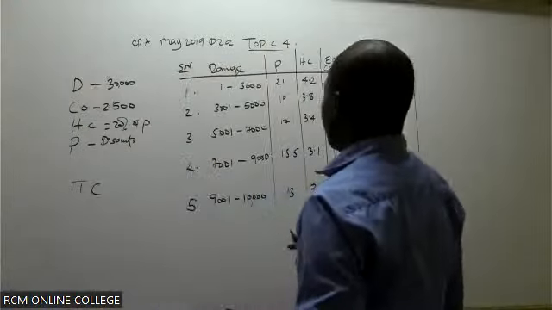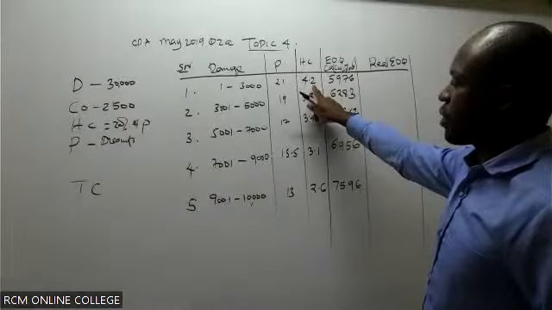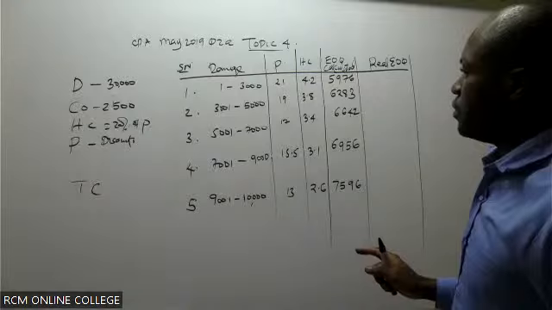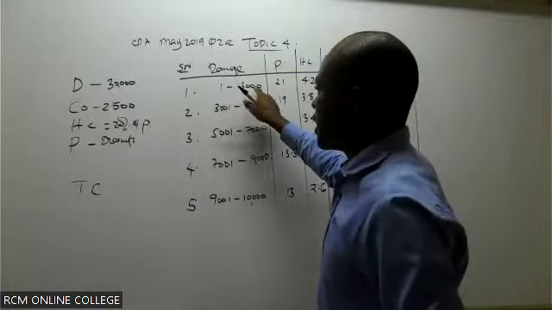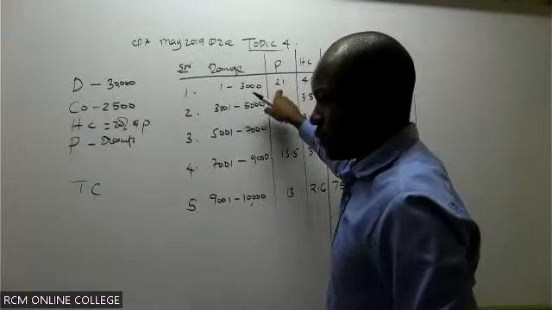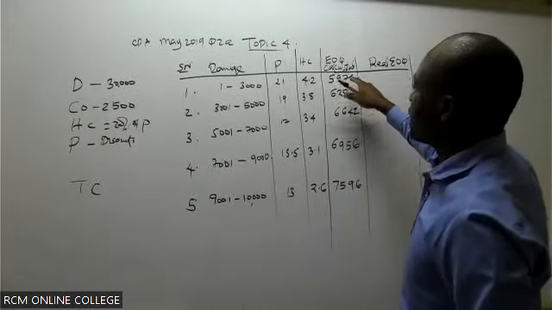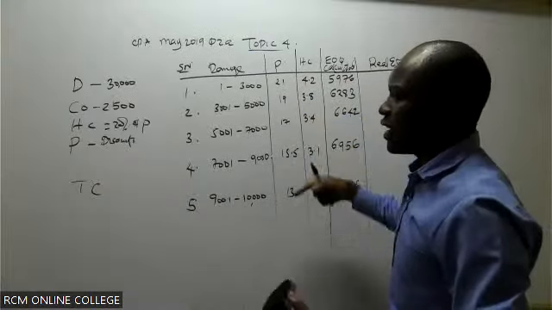Now, if you come to our question here, the first part, if you purchase goods ranging from 1 to 3,000, then your purchase price will be 21, and economic order quantity is 59.76. Is 59.76 below or above the range?